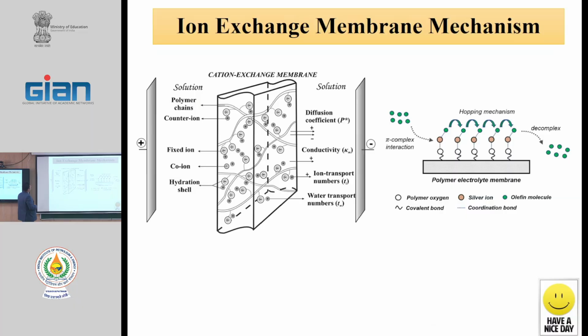We have many polymeric chains with functional groups of negative charge, which can be sulfonic acid or carboxylic acid. This carboxylic and sulfonic acid can adsorb proton, calcium, or magnesium.